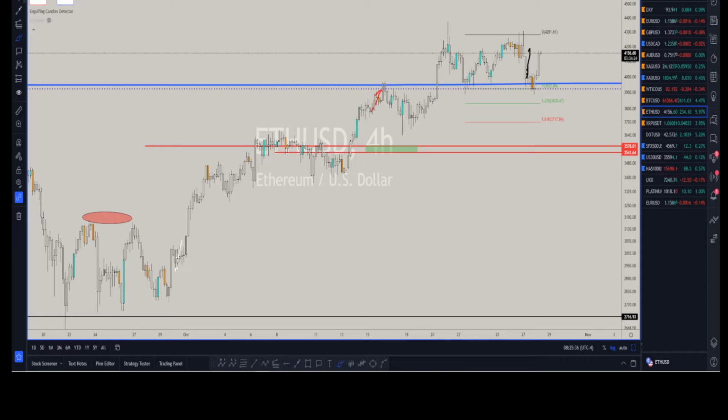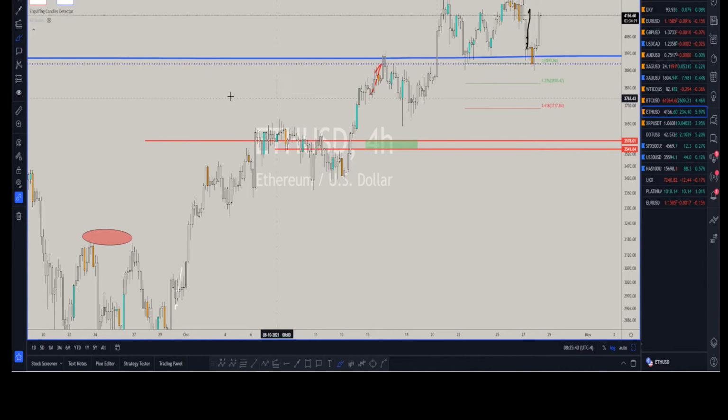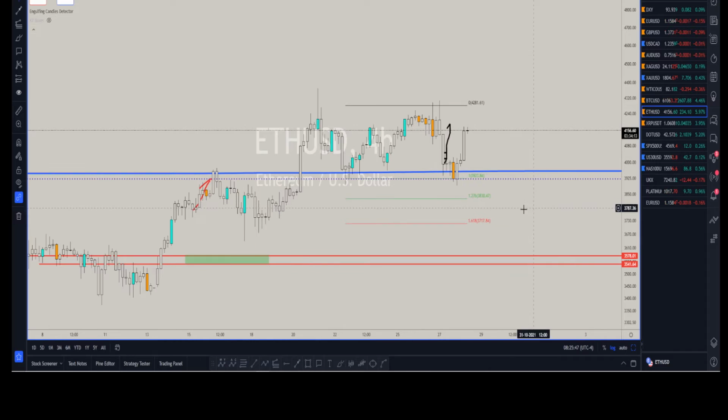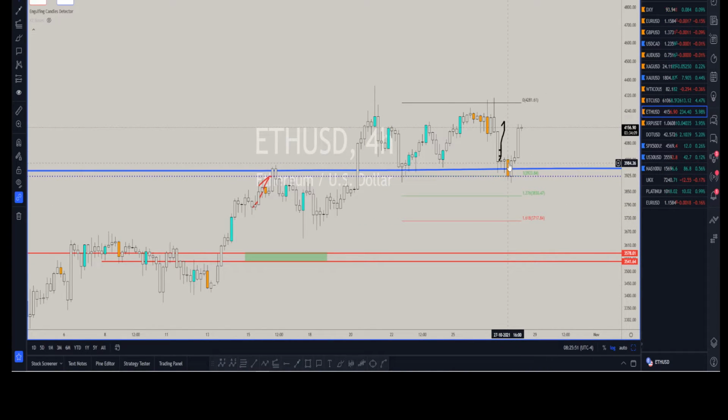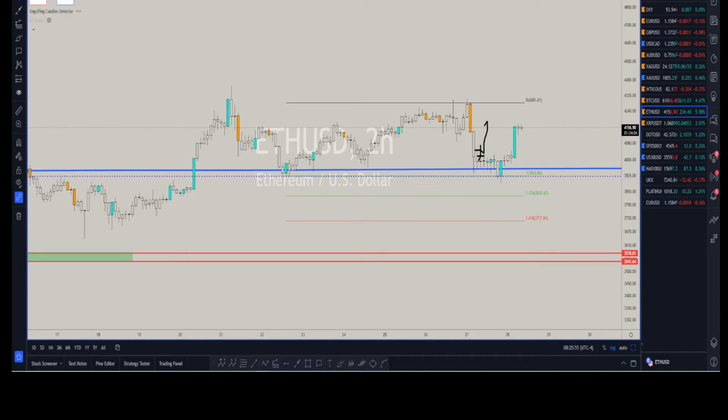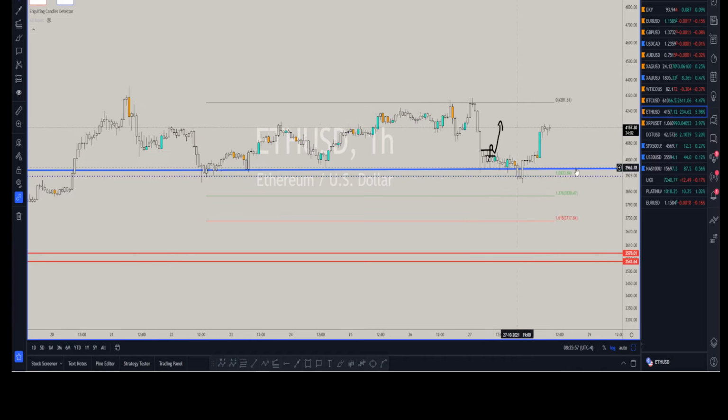ETH, I'm having difficulties with my mouth. So ETH broke a sell, entering into a sell. So we'll go lower time frames.